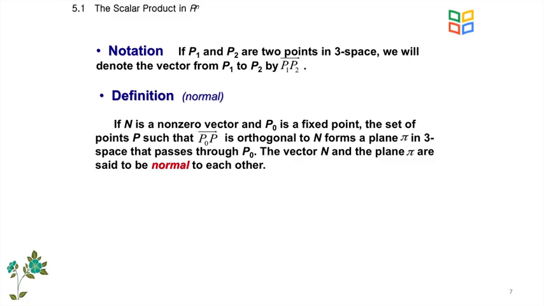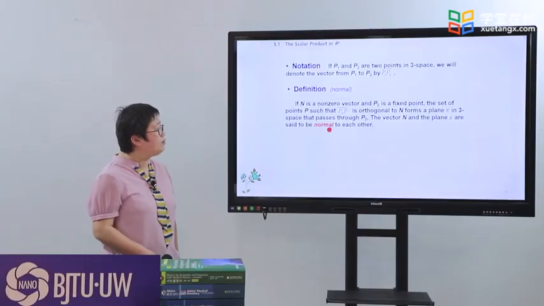The vector n and the plane are said to be normal to each other.